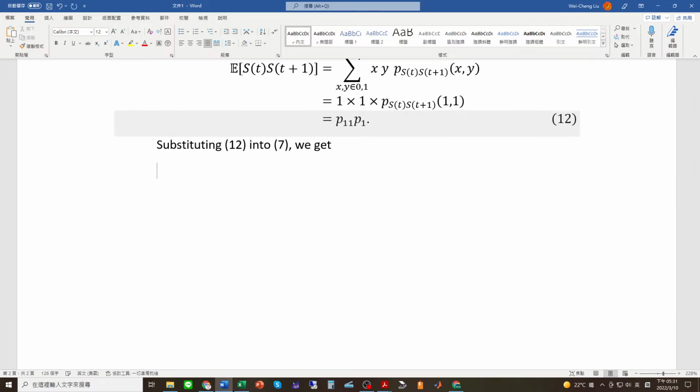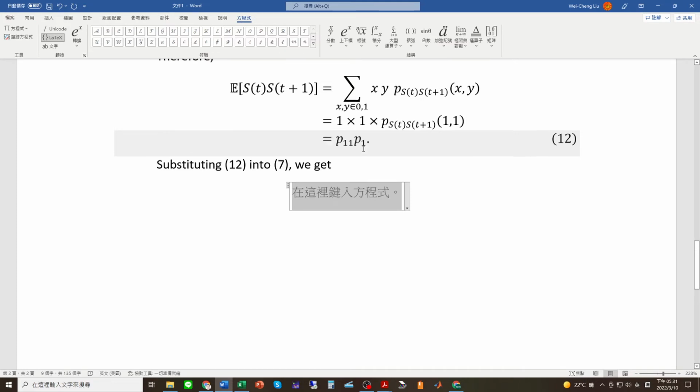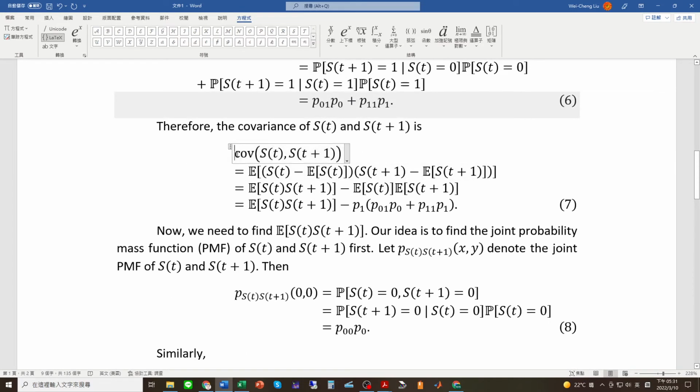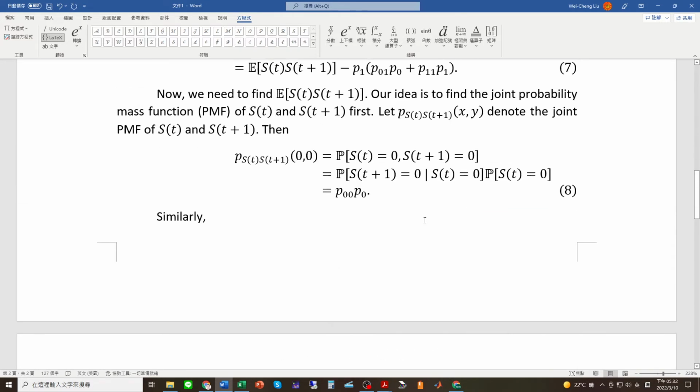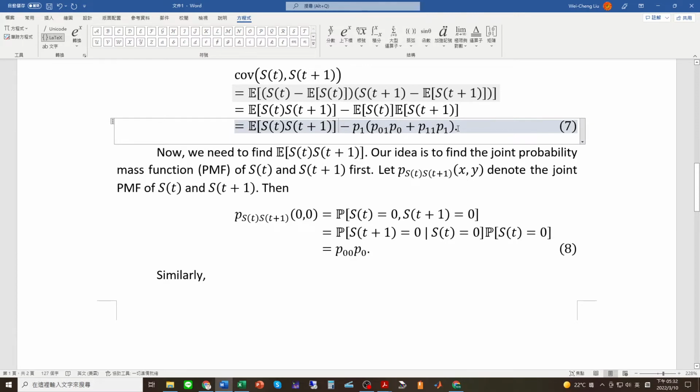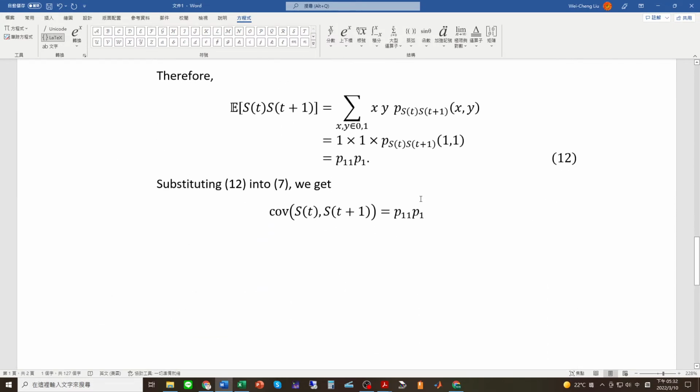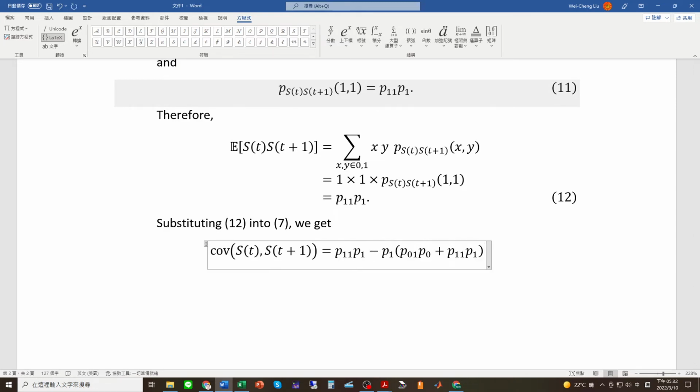We get P11 times P1 minus P1 times (P01 P0 plus P11 P1).